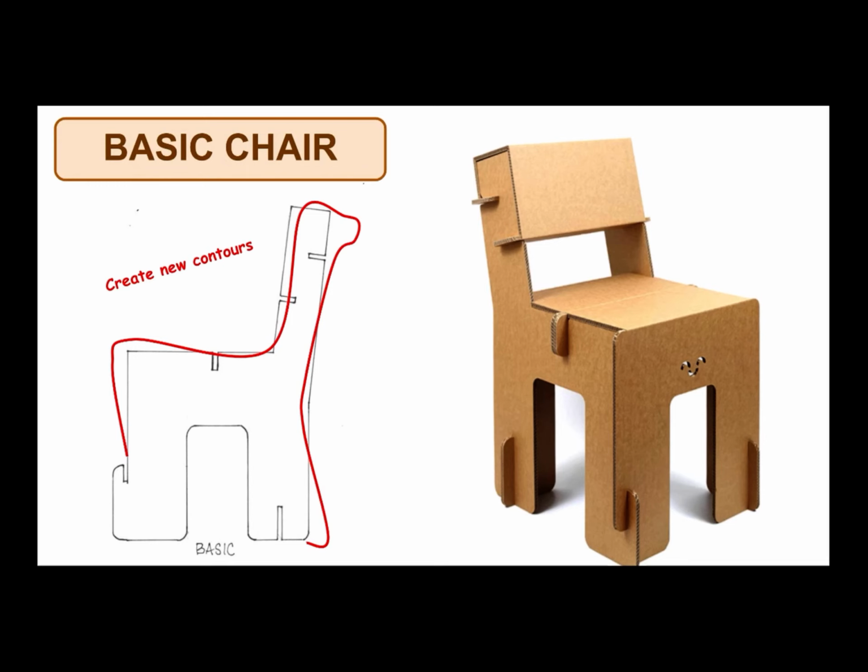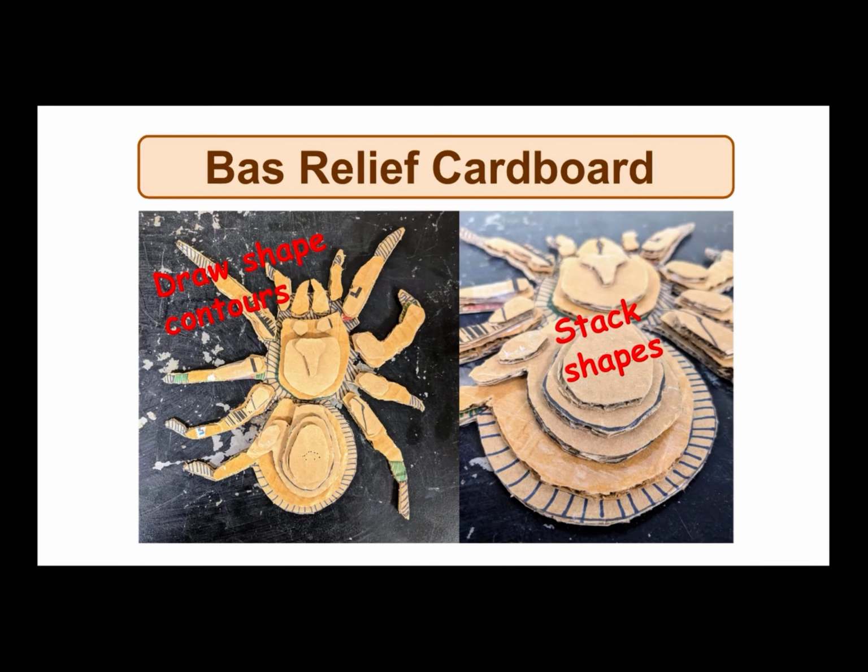So, we've looked at architecture and chairs, and now we're going to look at bas relief. Bas relief, B-A-S, is a French word pronounced bah. The S is silent. And relief sculpture means that it's partially sculpted in the round, but not completely round. So it'll be flat. It'll be low relief, is what they call it. So you're going to draw your shapes in your design and your contours.